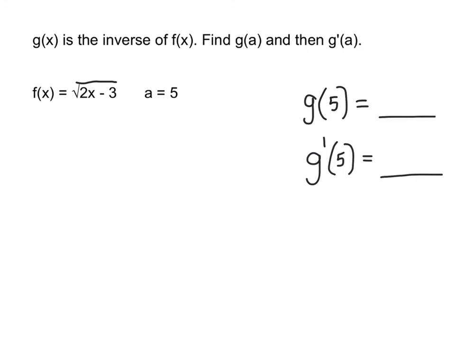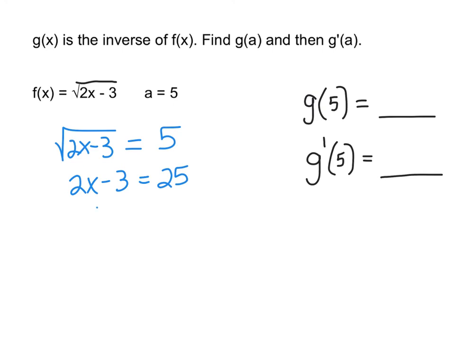So I'm going to set the square root of 2x minus 3 equal to 5. And then I'm going to square both sides. So that's going to give me 2x minus 3 equals 25. 2x equals 28, and x equals 14. So the x-coordinate of f is the y-coordinate of the inverse. And so that's 14.